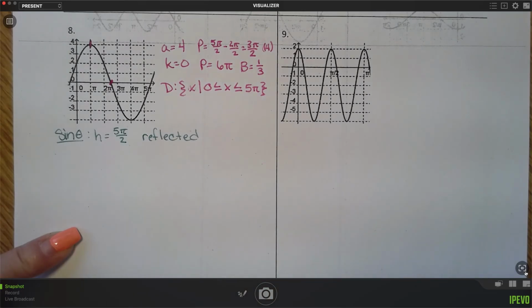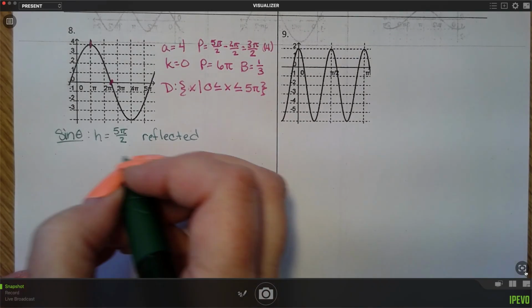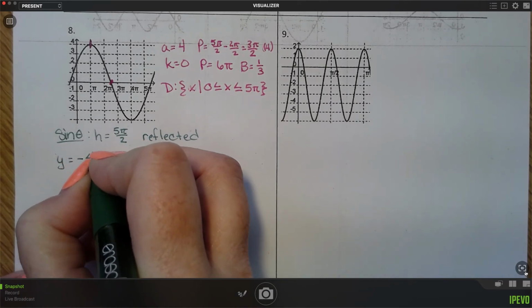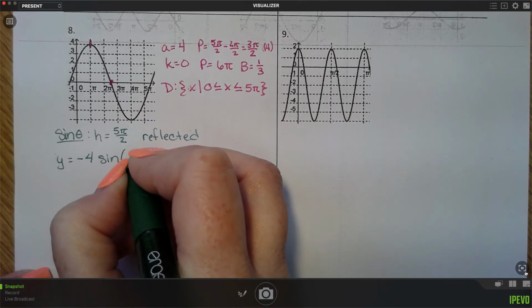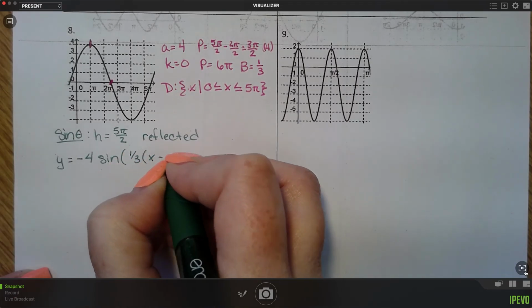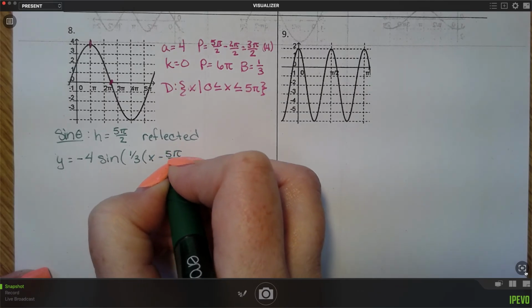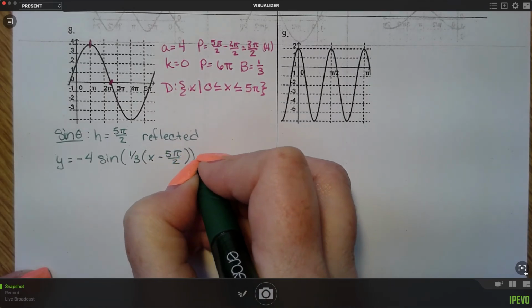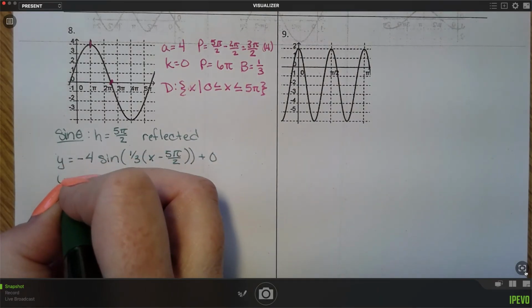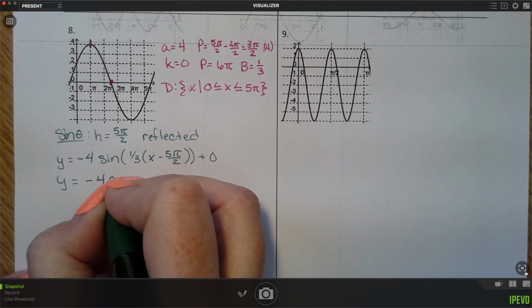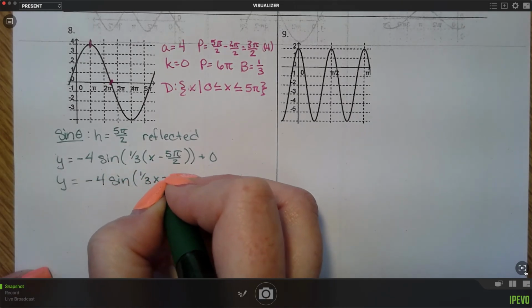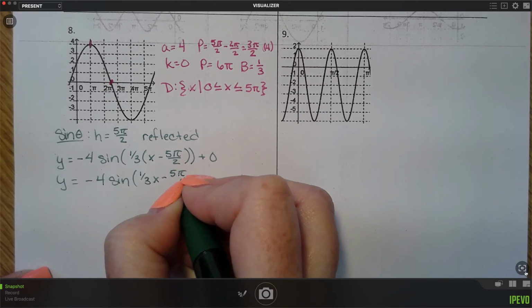So you can't use stuff that doesn't exist in the domain. So we get -4 sine of 1/3 x minus 5 pi over 6.